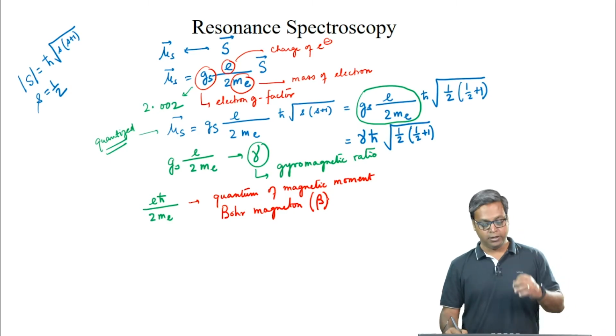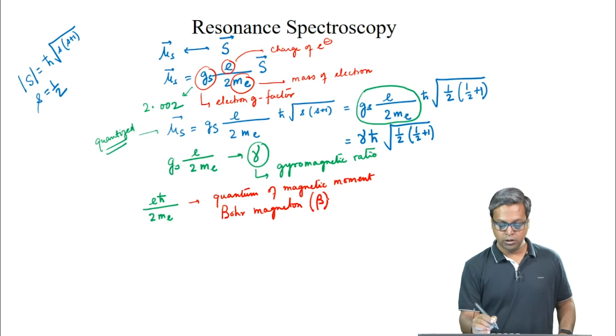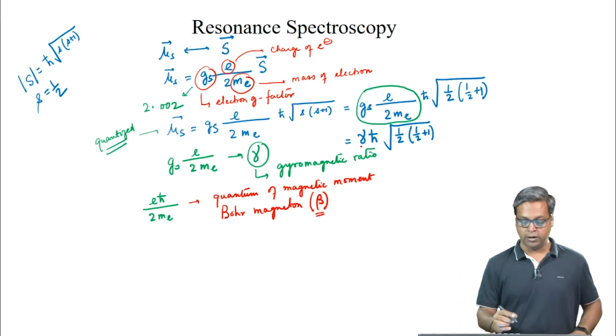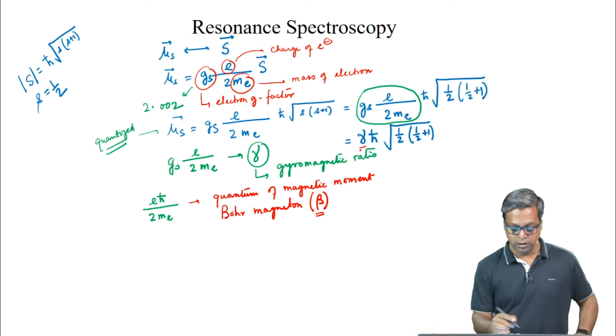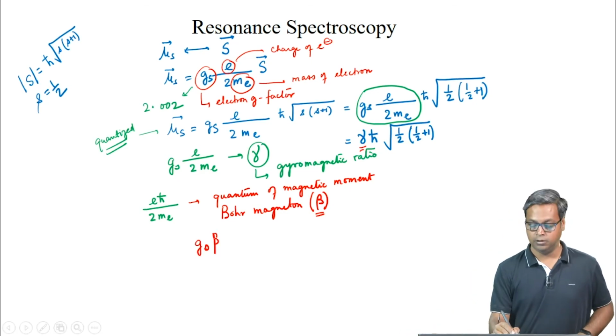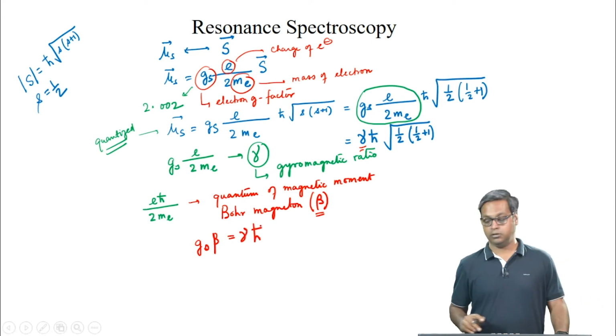So, by comparing the two expressions in which we have beta and gamma, we can write g s beta equals gamma h cross.